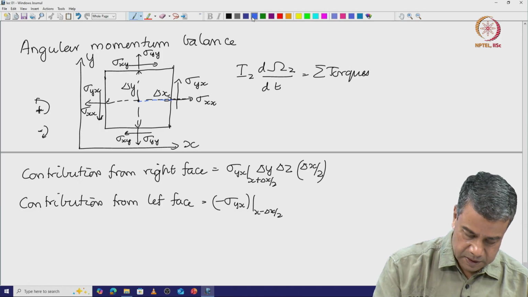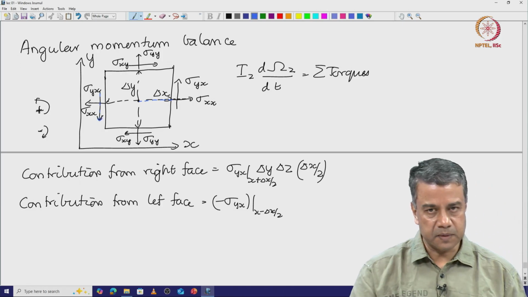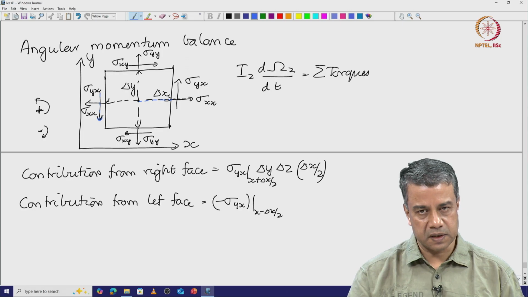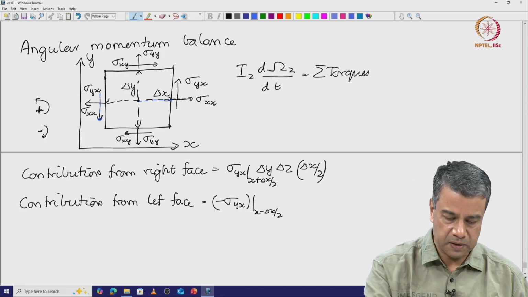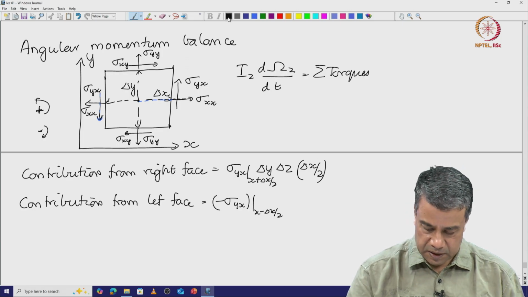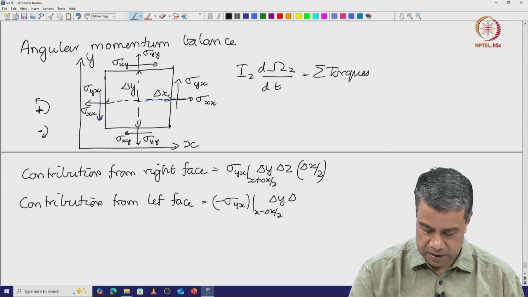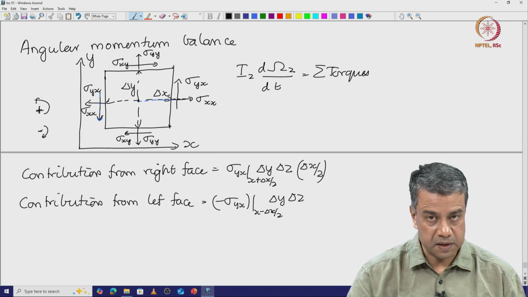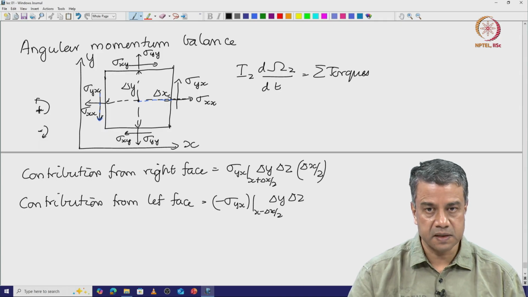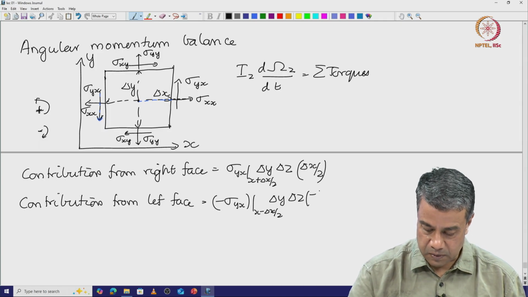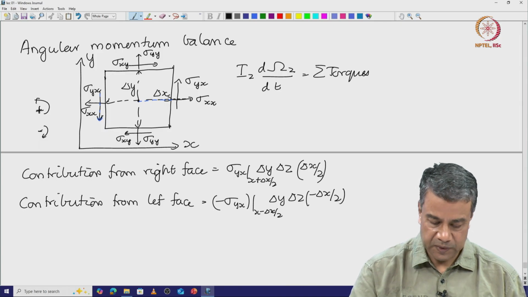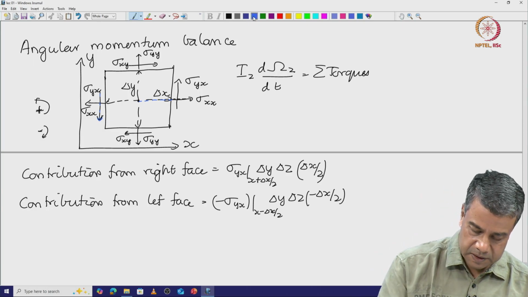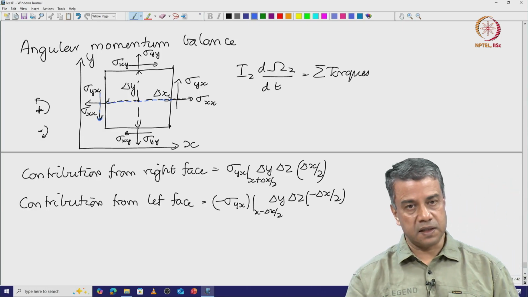Sigma xx does not contribute because the perpendicular distance from the centroid is 0. So, this multiplied by delta y delta z times the perpendicular distance, which in this case is minus delta x by 2. That is the perpendicular distance to sigma yx, minus delta x by 2.